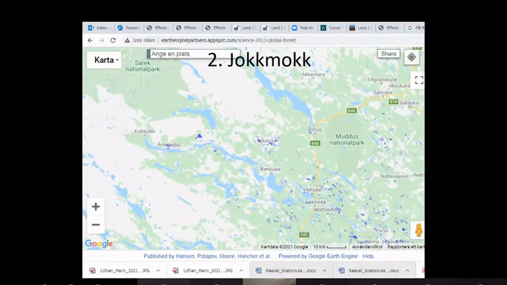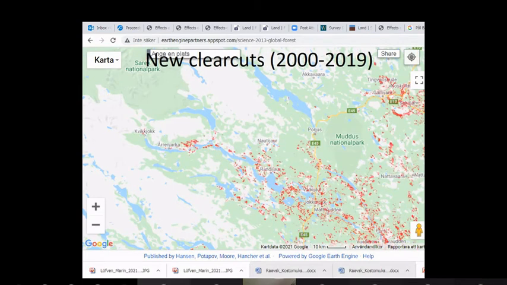If you go to the next area, it's a municipality called Jokkmokk, which actually has 3 large intact forest landscapes. This is the past forest loss, so forest gain, so new young forest. And these are the indications of forest loss in the last 20 years.